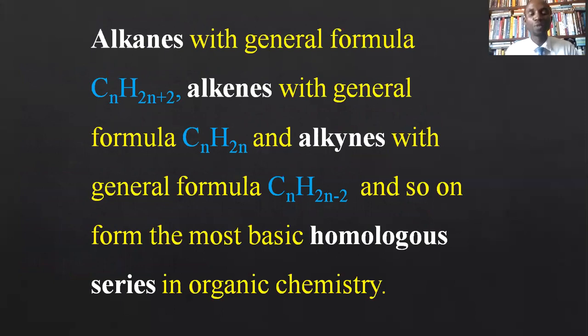Then the second carbon atom, you put n as 2. Then alkene, you have CnH2n. With that, we have alkyne, CnH2n-2. And so on. With that, you generate other members, both for alkanol and all of that. They have their homologous series, which we are going to talk about later.